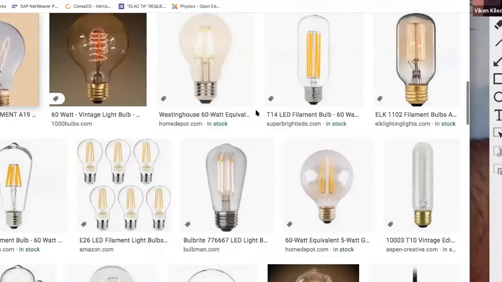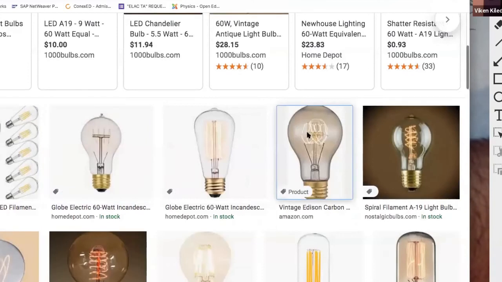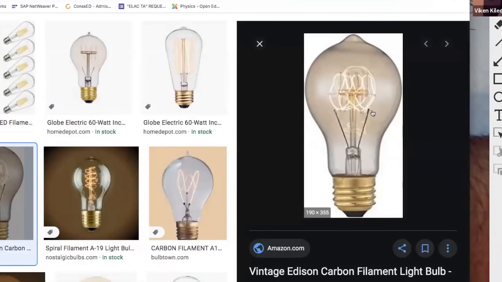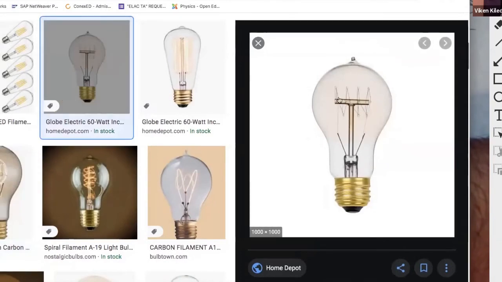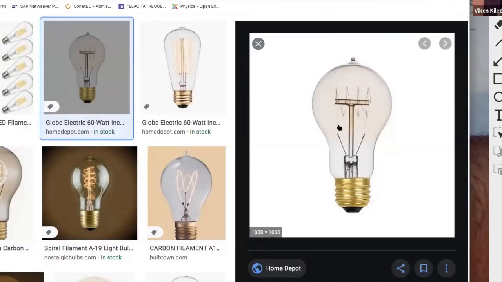Okay, so you can kind of see here, this is a vintage one. It's nice. You see here, the wire. Okay, you can kind of see the length of the wire. We blow that up.